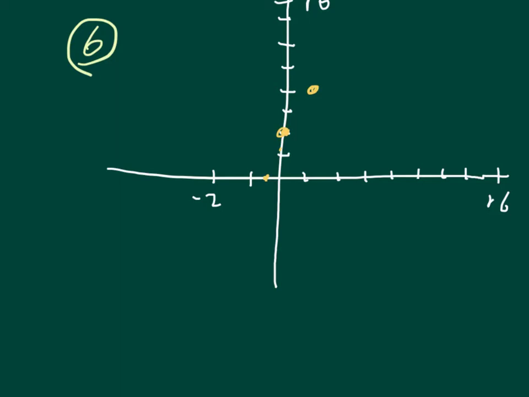Let's see, I went by 2, so let me fix that real quick. So it's going to be 1, 2, 4, 6, 8, so it's going to be right there. And then at 2, it's going to be up at 12, 2, 4, 6, 8, 10, 12, so it's going to be right there. And then at 3, I'm going to be up at 16, which is about right there. Okay, so that graphs that.